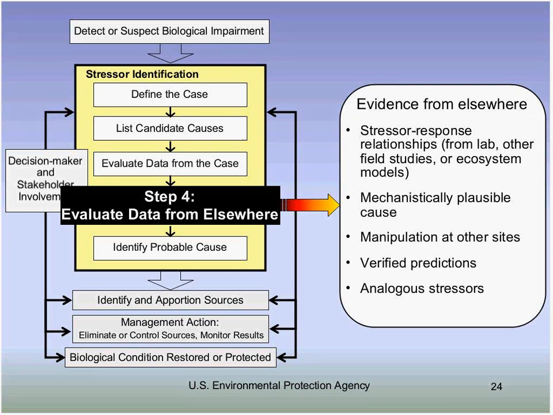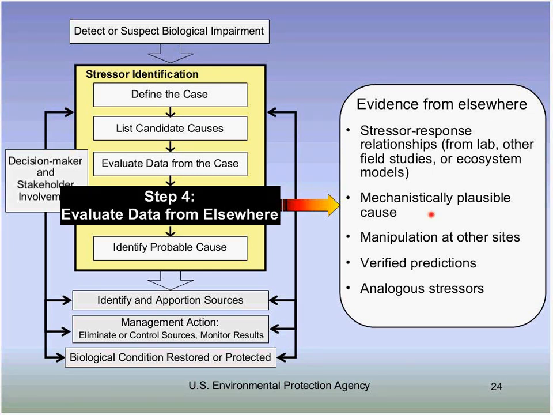Here, you rely on laboratory studies, field studies, or ecosystem models that are conducted somewhere else. You can think about invertebrate responses to pesticides. The stressor-response relationships are derived from laboratory studies, but you can use that information to help support whether or not pesticides were having an effect in your stream.